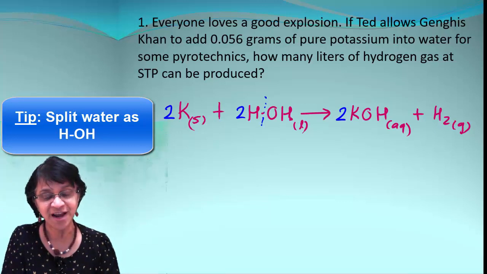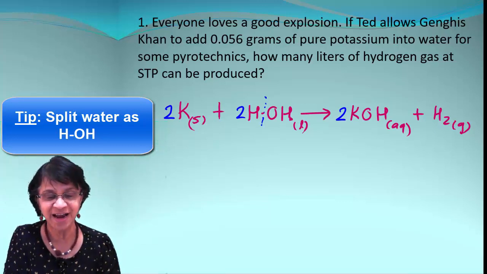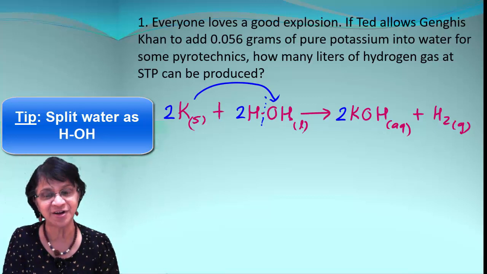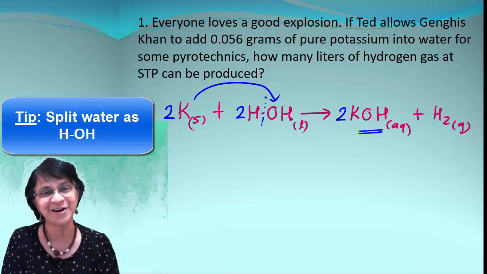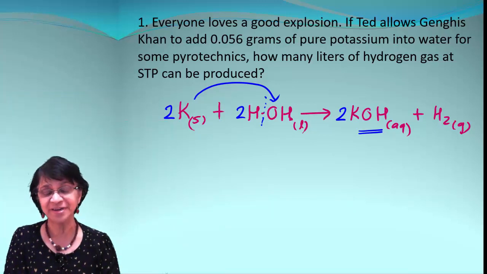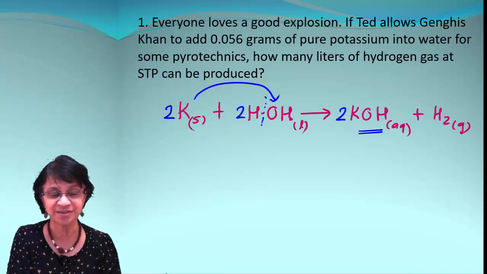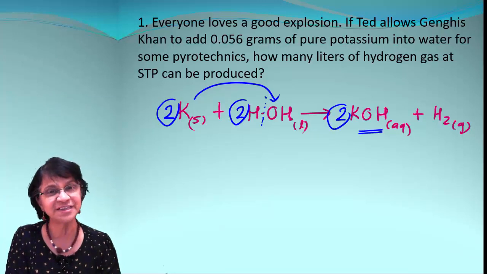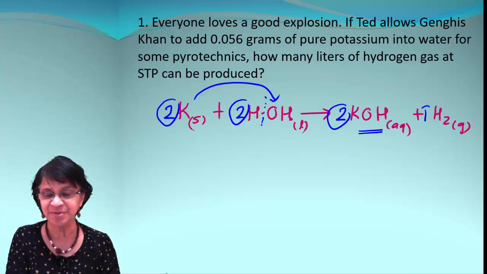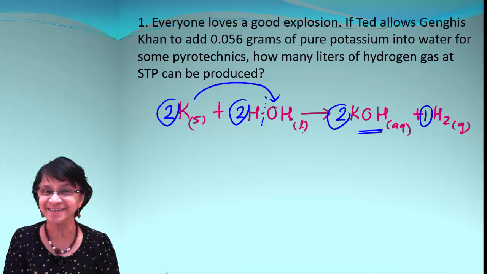So it's hydrogen and hydroxide, both are split, and then potassium goes with hydroxide, and that's the way we get KOH and then hydrogen over here. So we have our reaction ready to go with the number of moles for each chemical. For hydrogen, there is no coefficient. That means it must be 1.